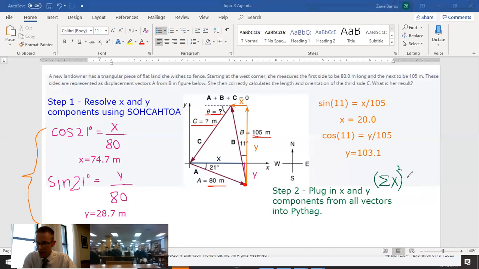Then we're going to add all of our y components together. There's my sigma, meaning add. I'm going to square them. And then that should be equal to c squared, right? My final resultant vector. So c squared. This is really what I'm interested in, is c.